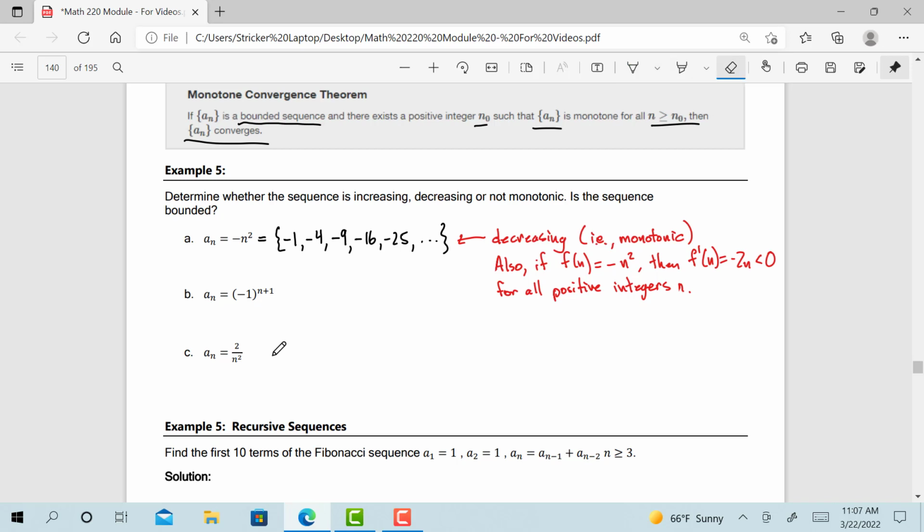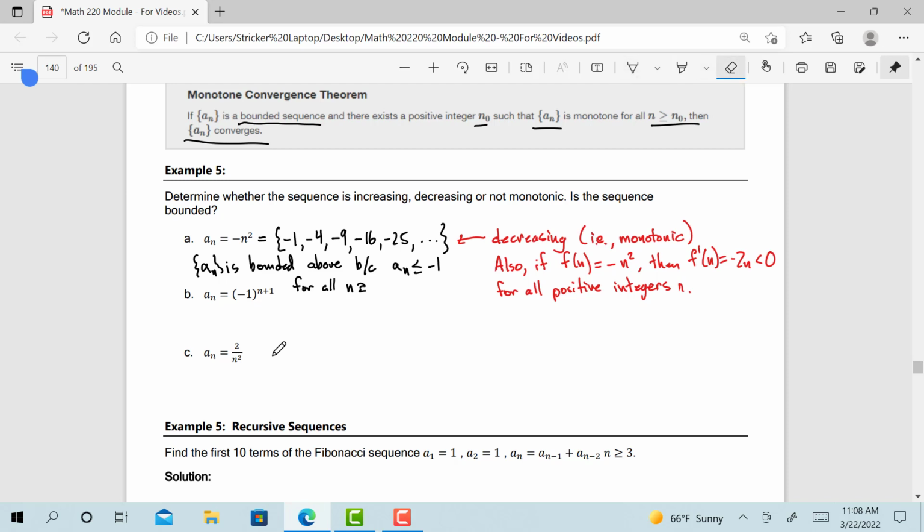So the sequence is decreasing. We could also say a sub n is bounded above, and we can say that because all the terms, right, aren't all the terms less than or equal to -1 for all n greater than or equal to, or actually, I guess we should say 1.